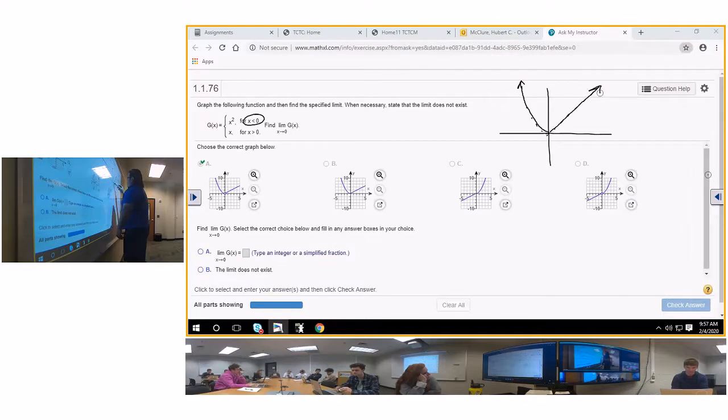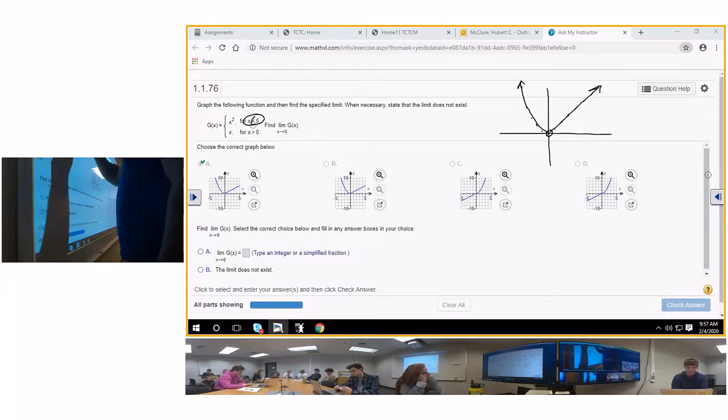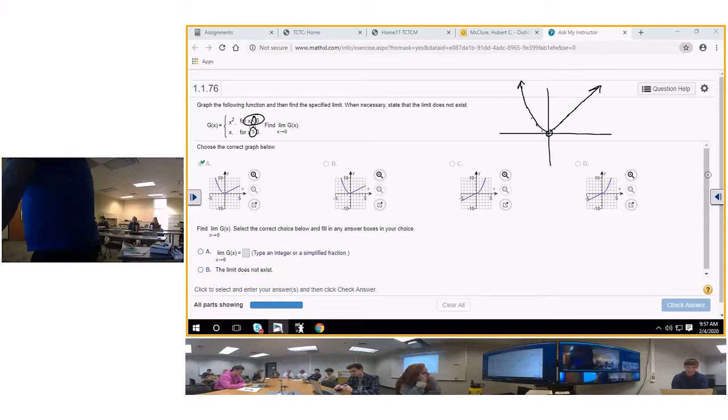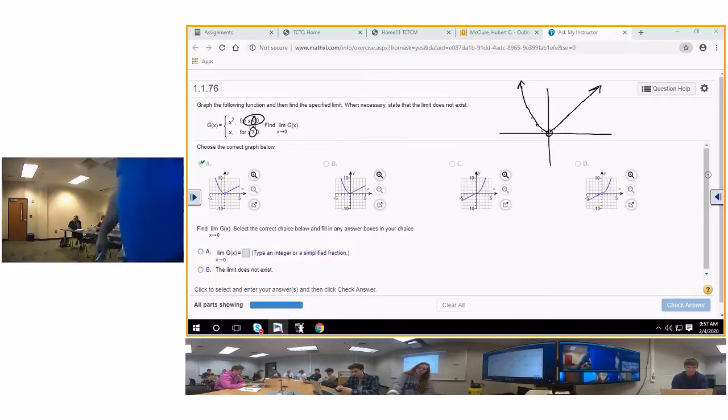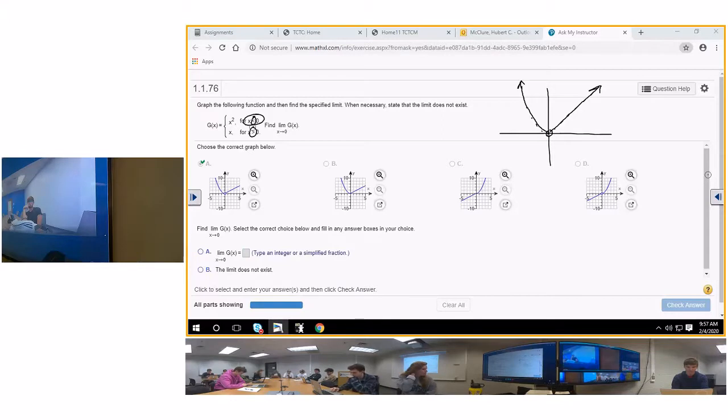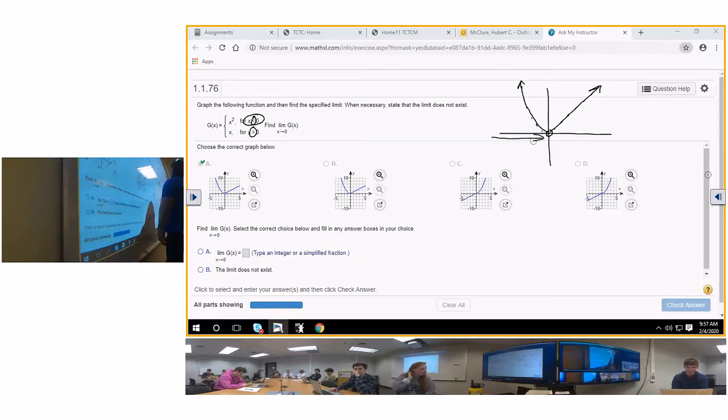Not really, because both of them are an open what? Circle. Both of them are an open circle. So which one is it? Should be A.